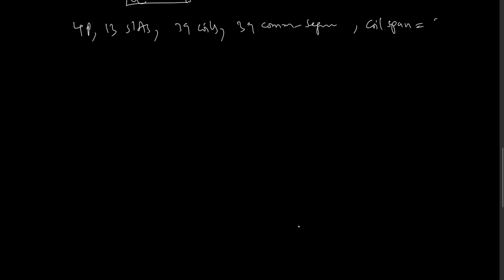Now, 4 pole, 13 slots, 39 coils, 39 commutator segments, then coil span is equal to 3 and commutator pitch is equal to 20. Okay, this is for progressive.